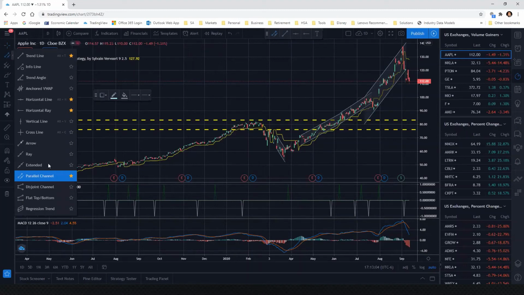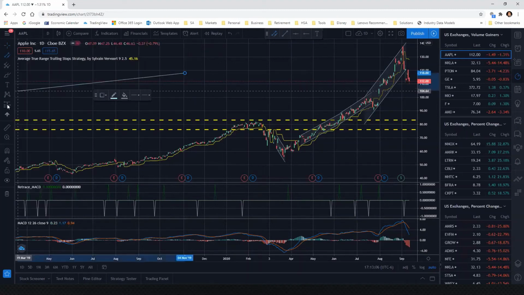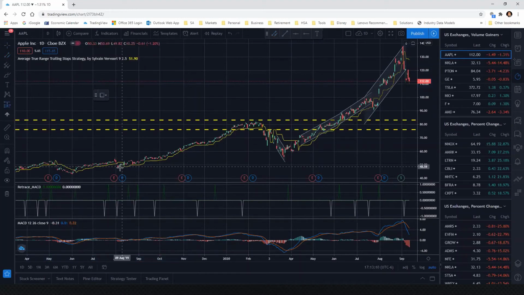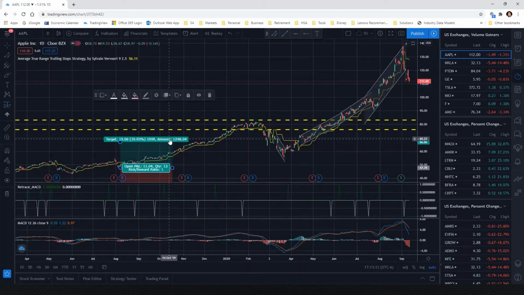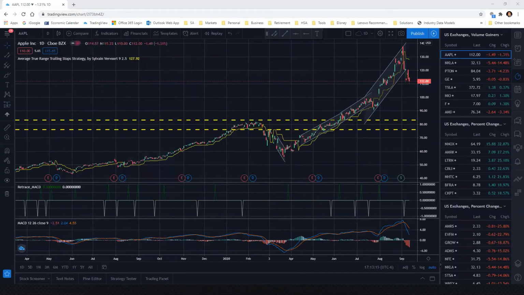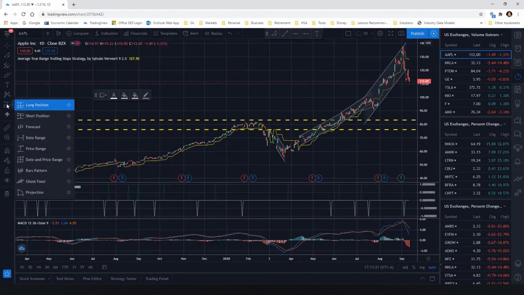Let's see, which one is this? I think it's this one. So you take this. Give me 1 second here. I think it should be the same one here.